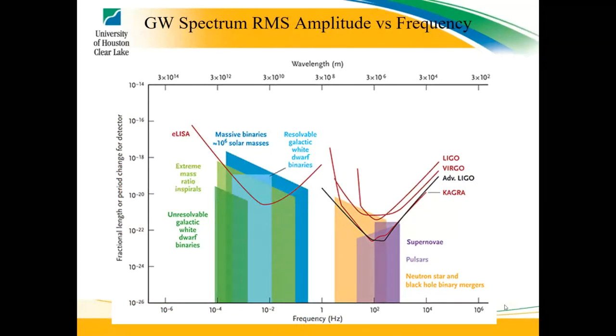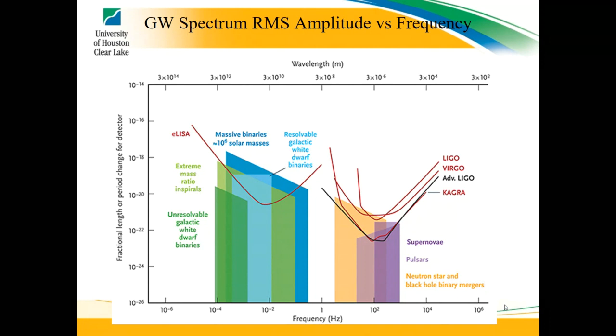So this is basically what the signals look like for each one, and you could see that this is LIGO, VIRGO, Advanced LIGO, Pranja. All of these, this is the noise curve for them. And so you could see that they're pretty much all between 10 hertz and 1,000 hertz.